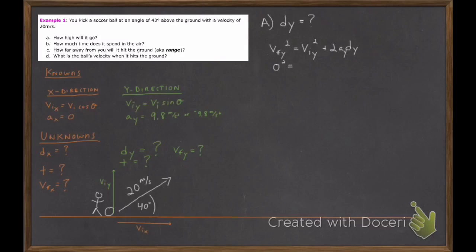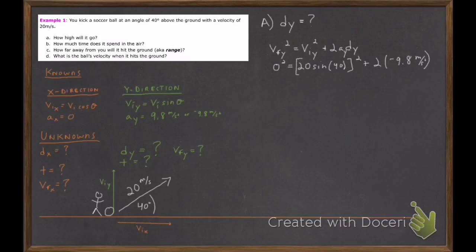Well, we said our VIY was equal to our velocity, which is 20 meters per second, times the sine of theta, which is 40, and that entire thing is squared. Now we add to it 2 times the AY. What's our acceleration in the y direction? Now that is when we use negative 9.8 meters per second squared.